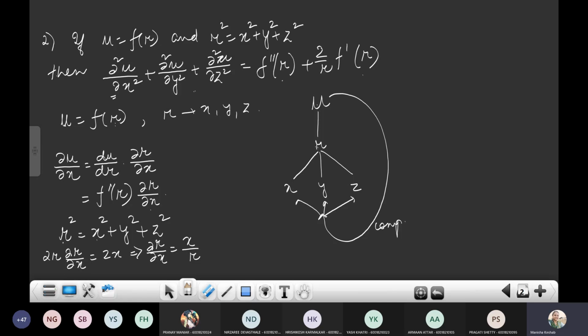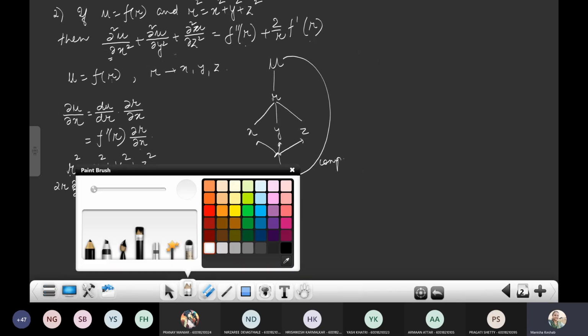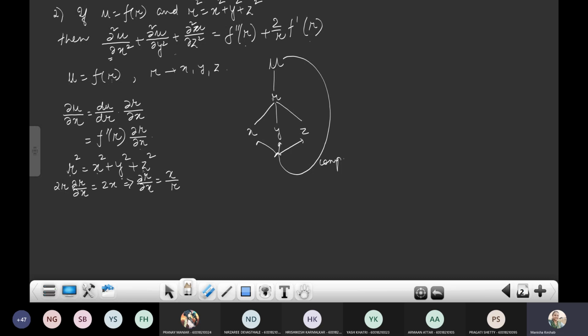Here x square, y square, z square are all added, and you can see that this term is only a function of x. This, if you consider as 1. Here we have only y, there are no z terms or x terms. And for this term, there is only z. So whenever we find del r del y or del r del z, it will be exactly similar to this one.